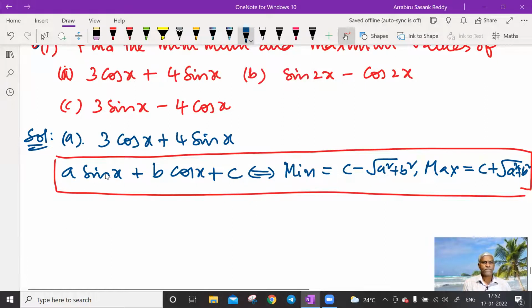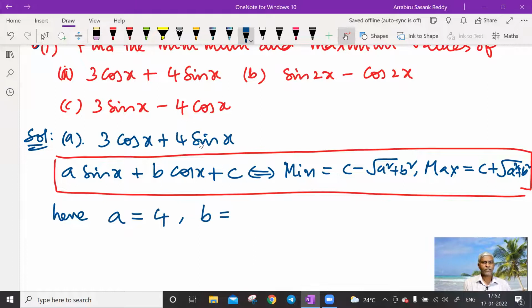Now, the sin x coefficient is 4. So don't forget, a is the coefficient of sin x, even though it is in the second term. You take a, the sin coefficient, b, the cos coefficient, and c is the constant. Here there is no constant, its value is 0.